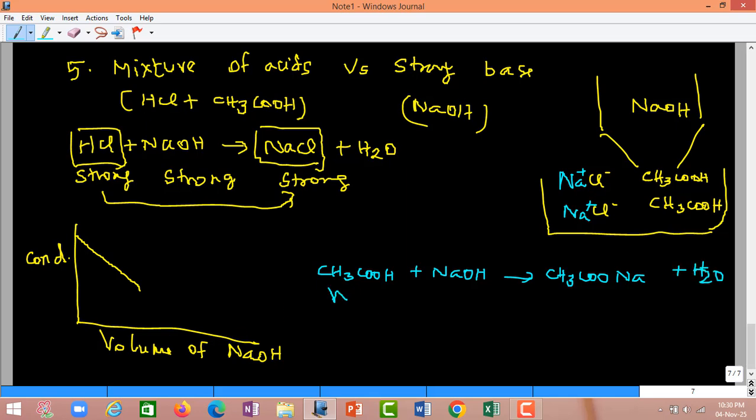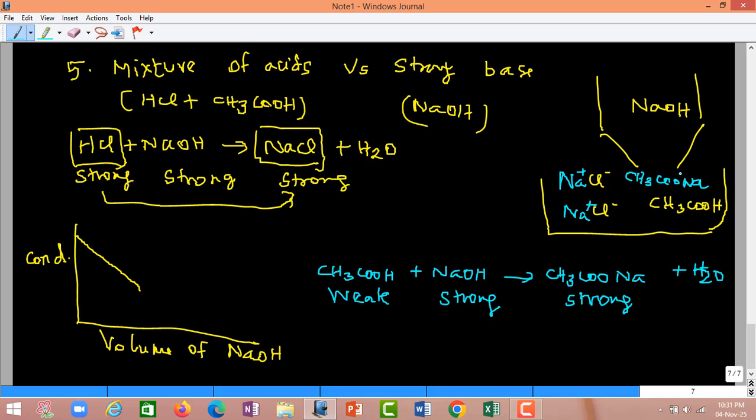Acetic acid is a weak acid. Sodium hydroxide is a strong base. Sodium acetate is a salt of acetic acid. Salt of any weak acid is strong. And so what we will find is, instead of acetic acid, we will find sodium acetate.